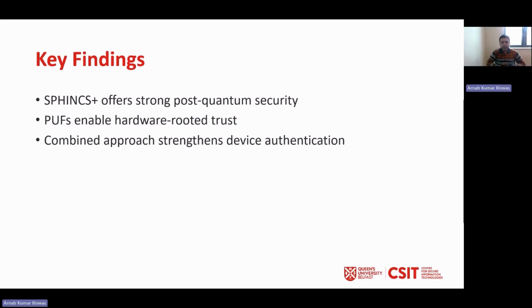SPHINCS+ provides strong post-quantum security, and PUFs provide hardware-rooted trust. The idea was to combine them and see what happens in a protocol design: is it possible, and how much security are we getting? That was the main idea and the initial exploration we have done. The combined approach of course strengthens device authentication.